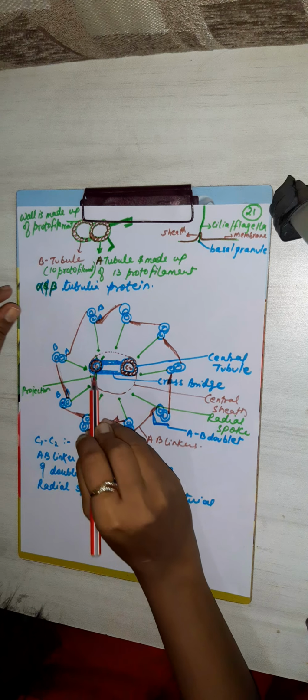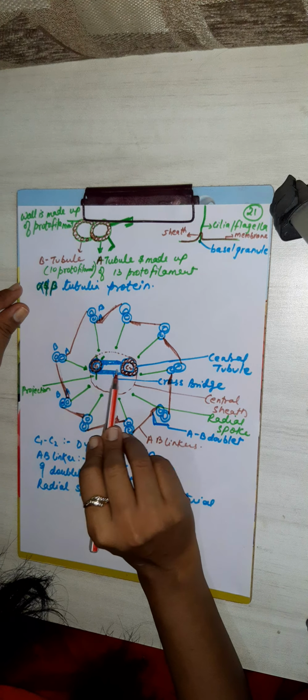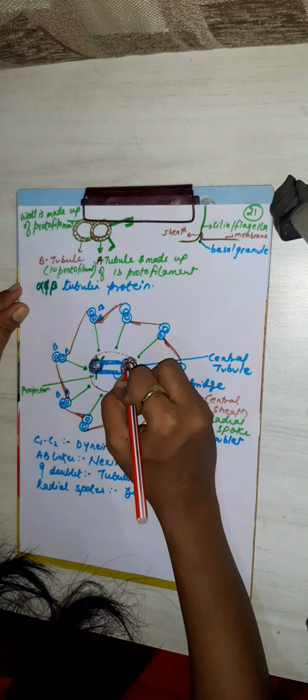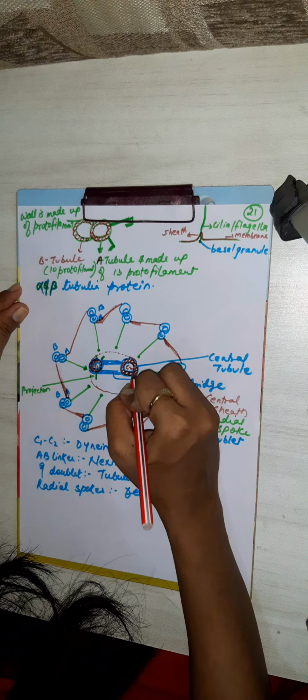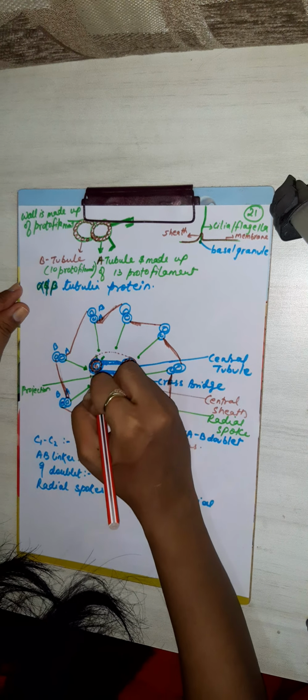The central tubule is also made up of 13 protofilaments: 1 2 3 4 5 6 7 8 10 11 12 13.